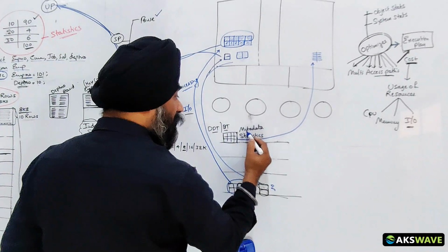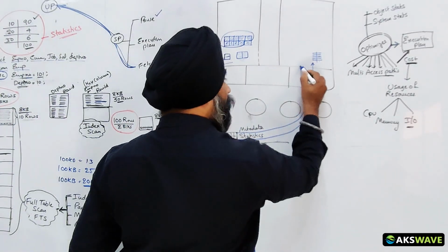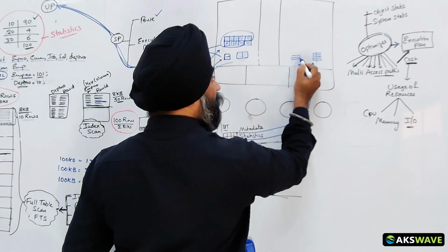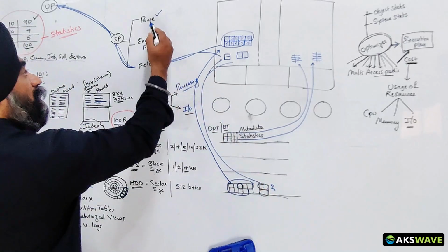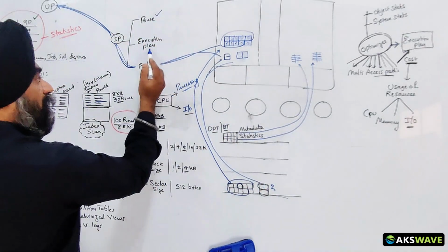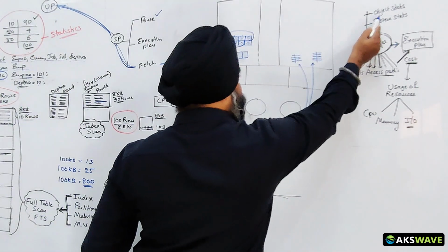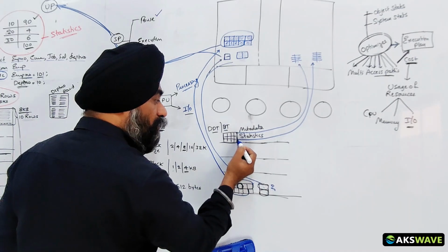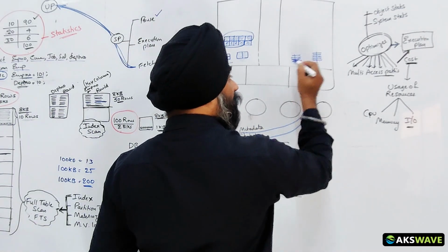Parsing. To do parsing, what is required? Metadata. That means it is going to do an IO and bring your metadata here. Now using this metadata, it will complete the syntactical and semantic checks. Once that is done, then with the help of optimizer. So optimizer needs statistics. Again, it is going to do an IO and load the statistics into this memory area.